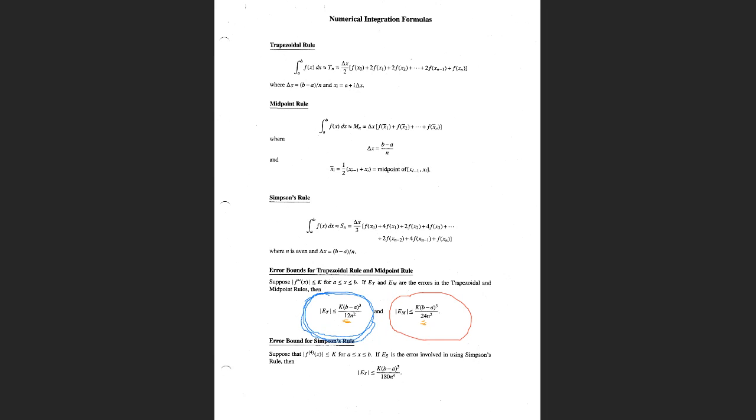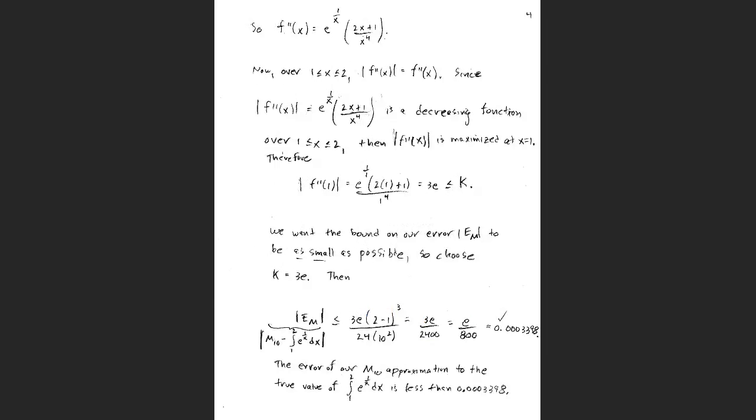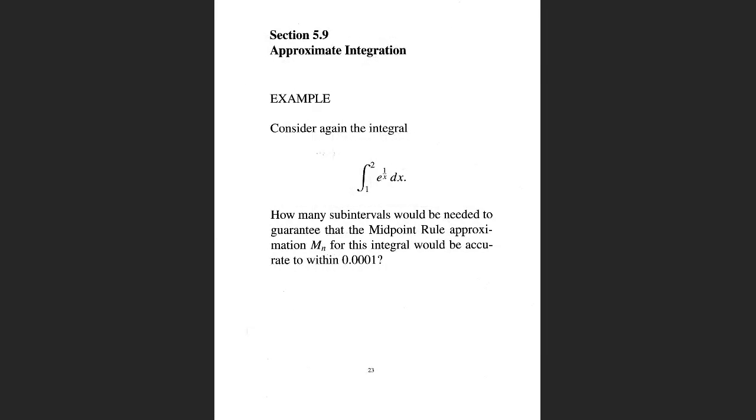So again, we have to find that big K value, which is based on the absolute value of the second derivative. So here is our function, f of x. We have to find the second derivative, so of course, let's find the first derivative. f of x is 5 times the cosine of x squared.